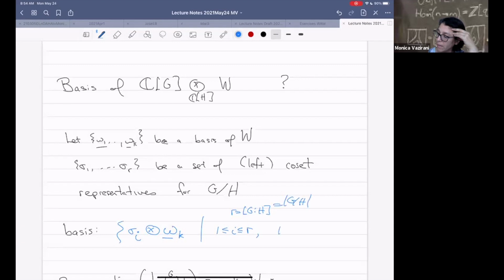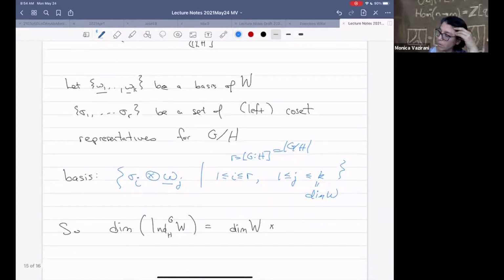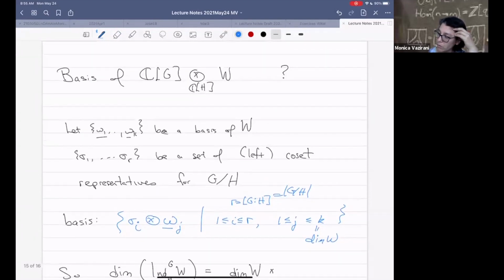And j goes from 1 through k, where k is the dimension of W.